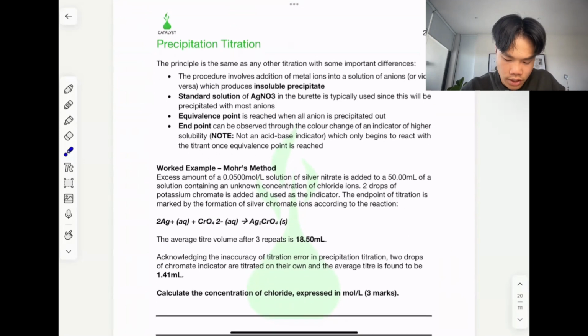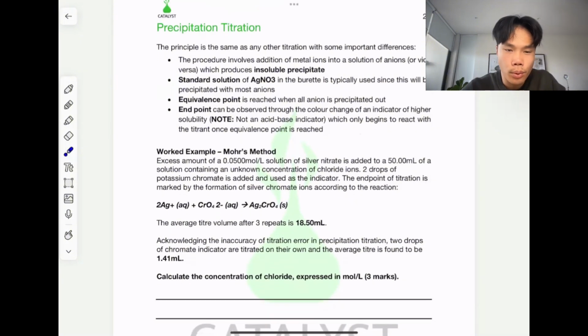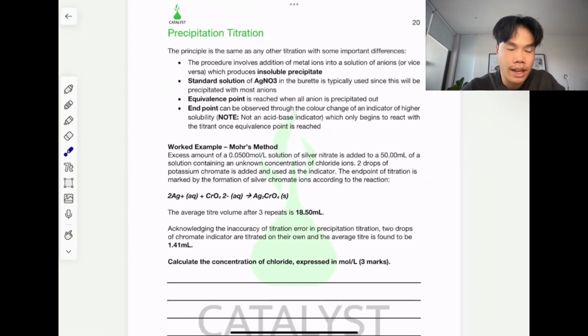Whereas for a precipitation titration, there's a few methods, Mohr's method, and then the other two. I only have Mohr's in these notes. Obviously, the other two can be assessed because they're pretty much just applications of titration.